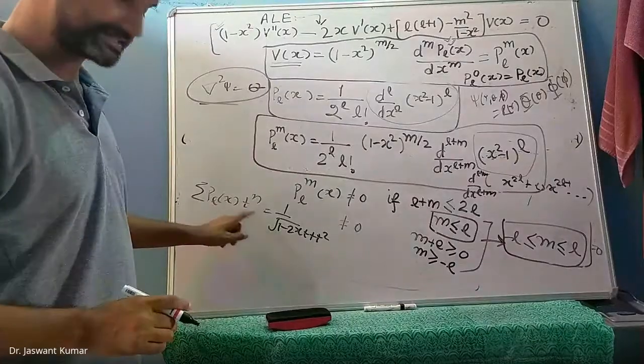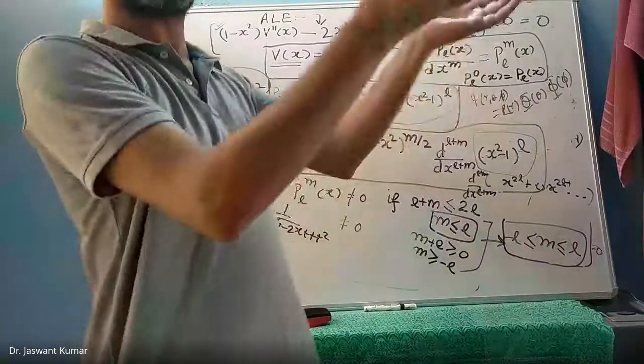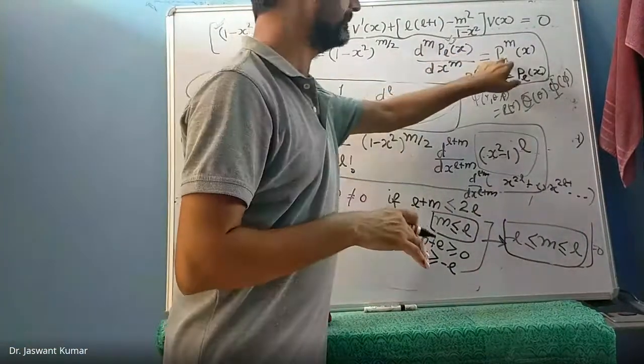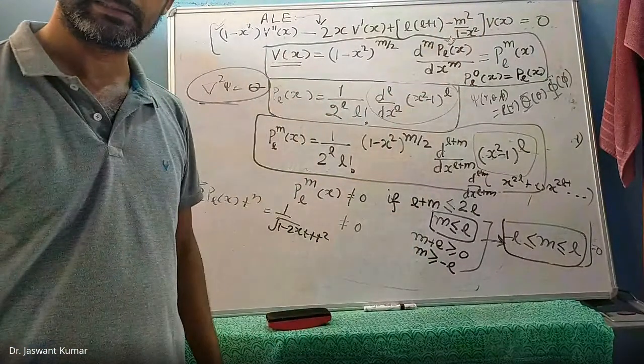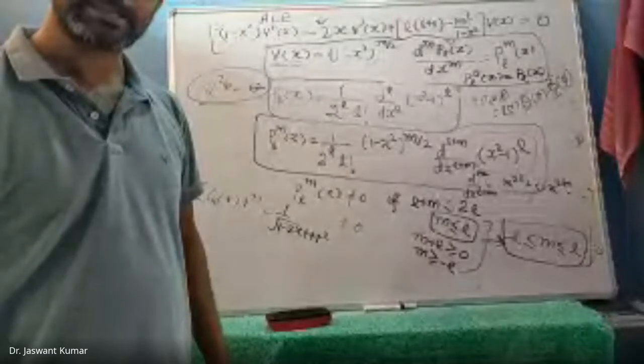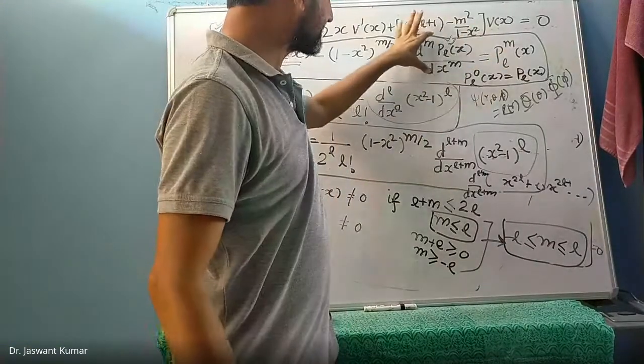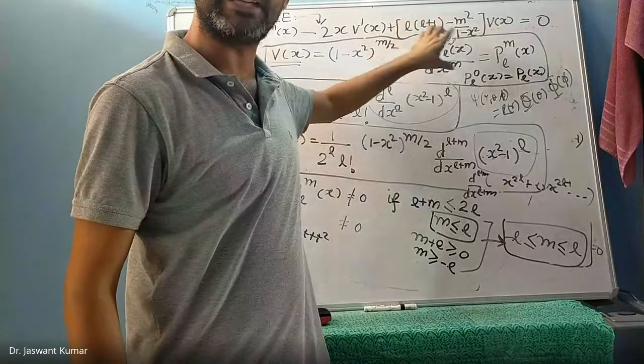Now suppose you need to guess the generating function for PLM. What will we do? We know that PLM is directly proportional to the mth derivative of PL of x.